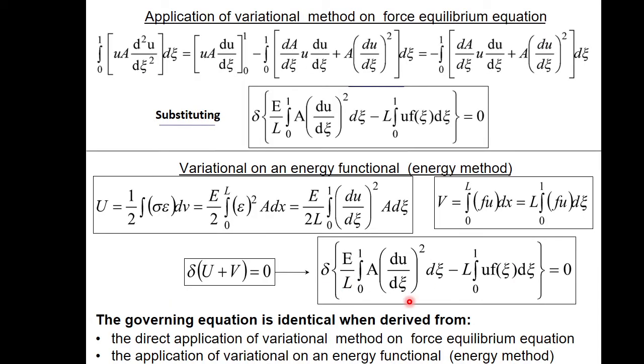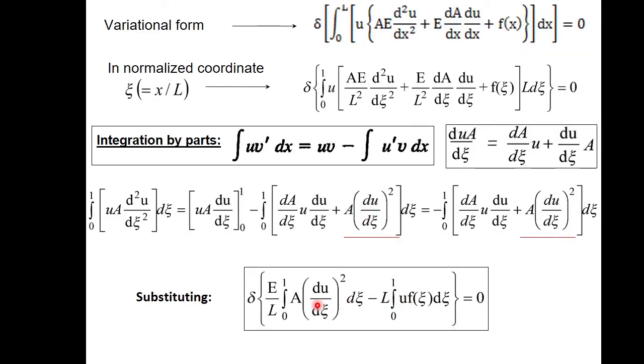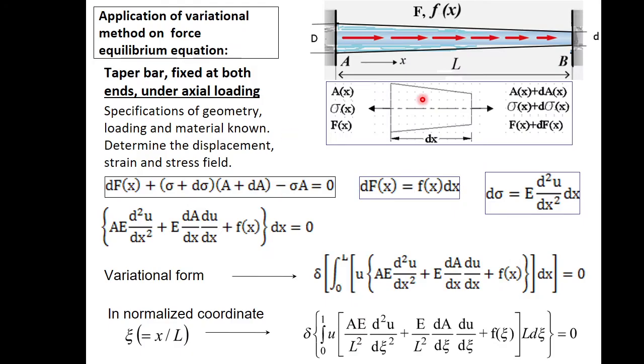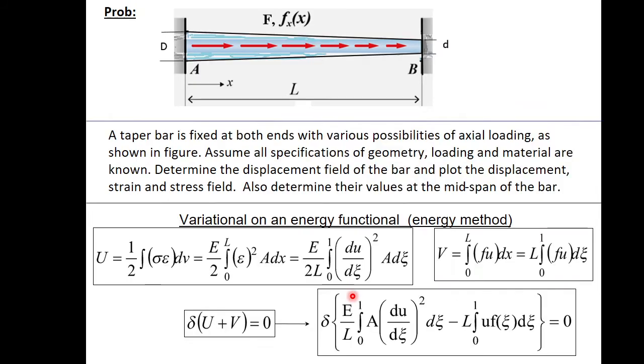Now the thing is that this derivation should be identical. So I think here a half will come here also. Right? So this particular equation and this equation coming from our energy functional should be identical, because this form is derived from force equilibrium condition, and the earlier one was directly from energy functional.